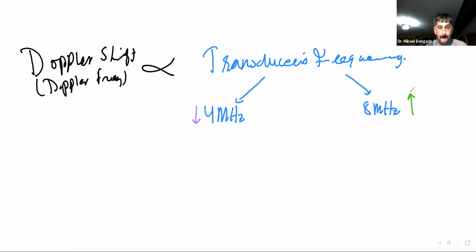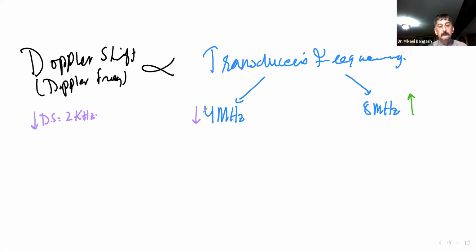Now, what this low frequency transducer may produce is a low Doppler shift. Let's say our low Doppler shift in this case was 2 kilohertz. We said that Doppler shift is directly proportional to the transducer's frequency.